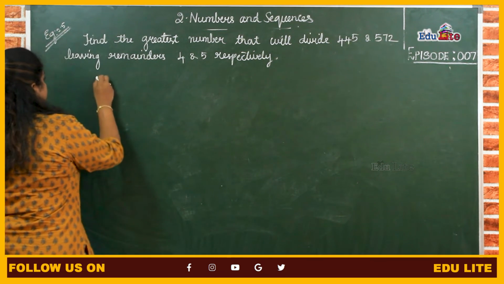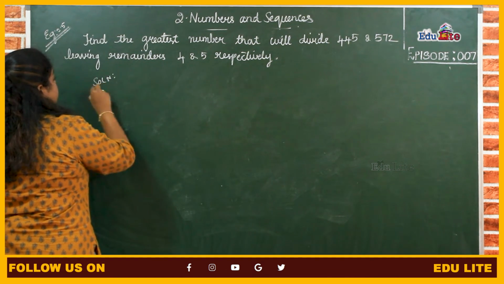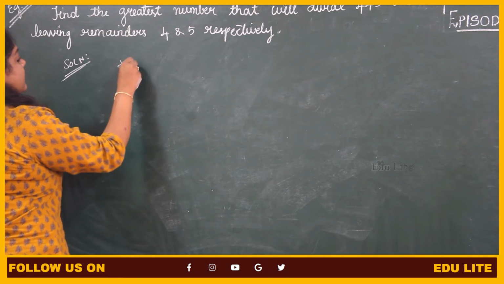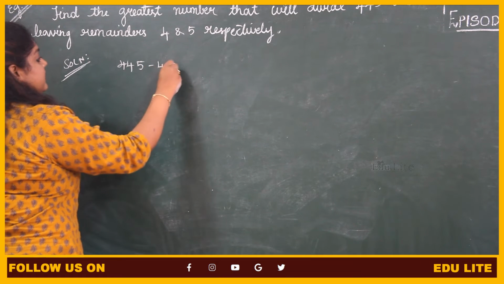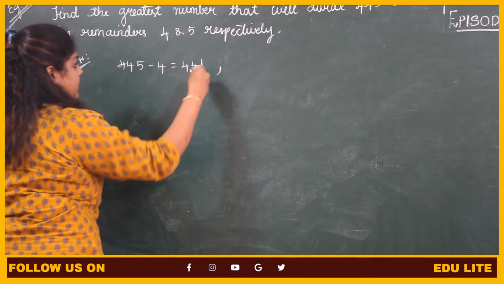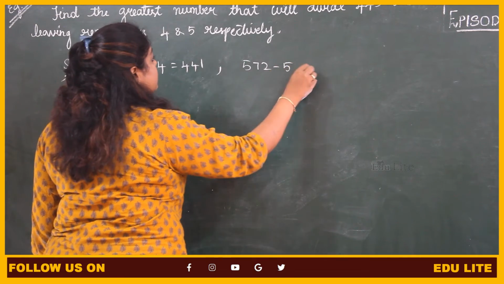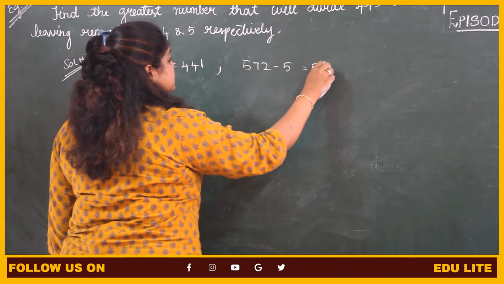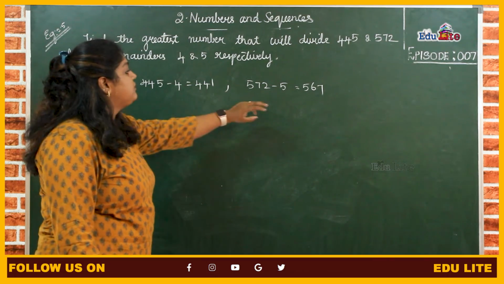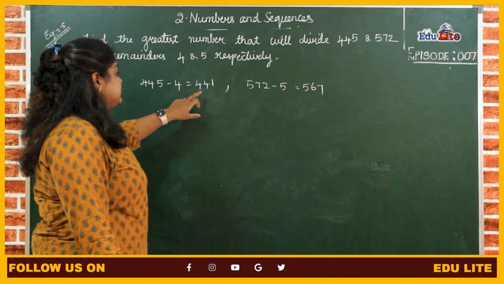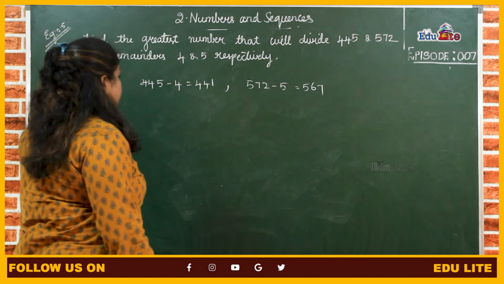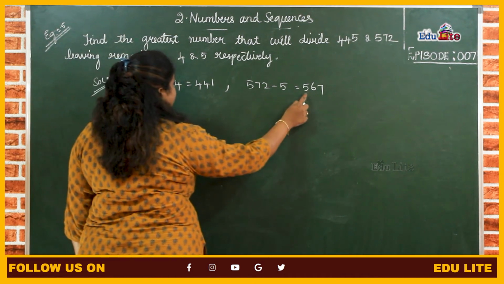First step: 445 minus 4 gives us 441, and 572 minus 5 gives us 567. Among these two, 567 is the larger number compared to 441, so that should be considered as the value of a.